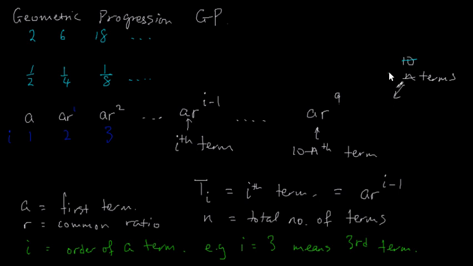I would just say n terms instead of 10 terms. So this would be the nth term, and the power therefore would be n minus 1. So ar to the power of n minus 1 would be the nth term.